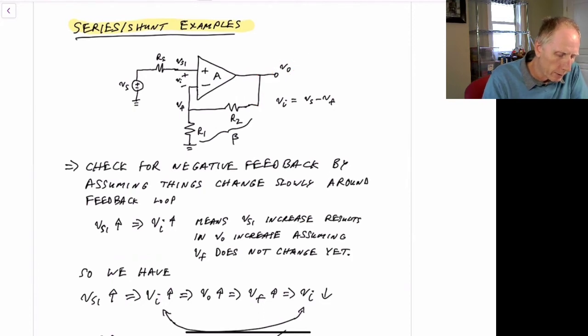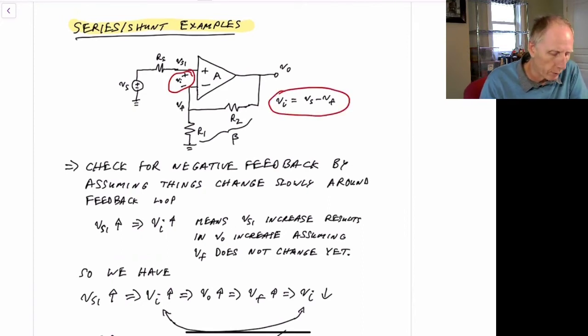The beta network is this network here. This creates an output voltage V sub F. That's in series, using this differential amplifier, with V sub S over here. And we create the error voltage V sub I right here, and V sub I will be equal to V sub S minus the feedback voltage.